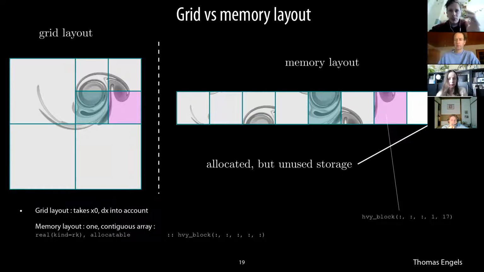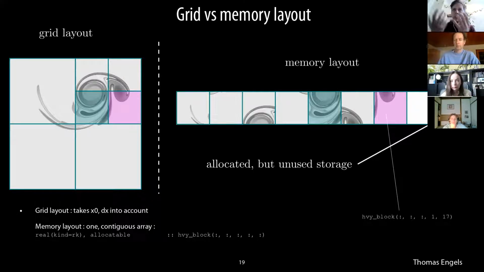And this is important because allocation takes a finite amount of time. It is not for free. So we just allocate what we have and then use only a subset of that. So in this case, for example, you see we have 7 blocks here, and maybe we have allocated, I don't know, 100. So all this memory is allocated, but at the moment not used.